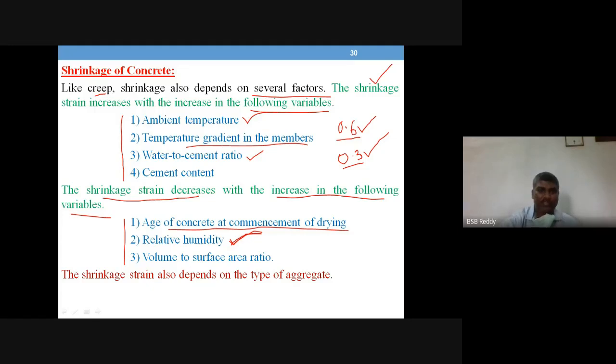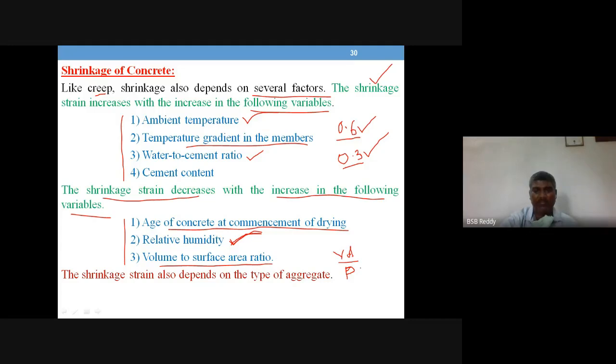Okay? Similarly, volume to surface area ratio. If it is volume divided by surface area, that means something like perimeter, the V by P ratio.